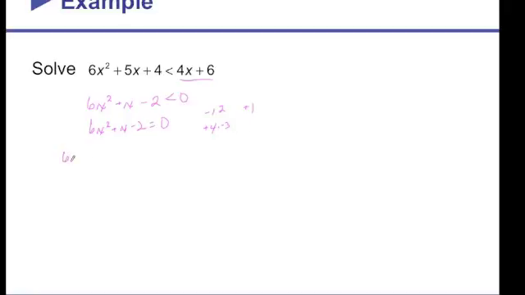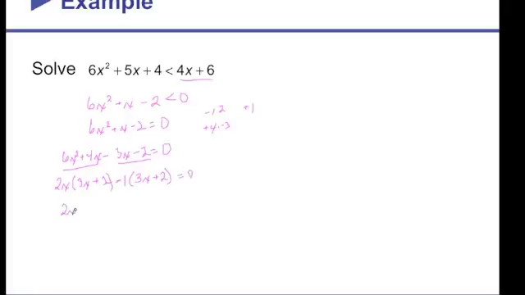So 6x squared + 4x - 3x - 2 = 0. I can factor a 2x out of these terms. That'll give me a 3x + 2. And since I want this to have a 3x, I'm going to take a negative 1 out of the second set of numbers. So it'll be negative 1 times 3x + 2 equals 0.